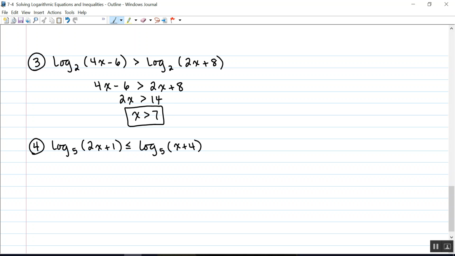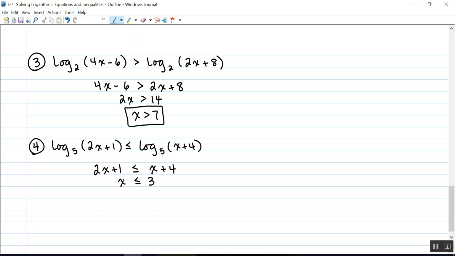Okay, last example here, log base 5 of 2x plus 1 is less than log base 5 of 4x plus 4. Again, I have the same base, so I can just pull off what I'm taking the log of. And solving that is going to give me x is less than 3.